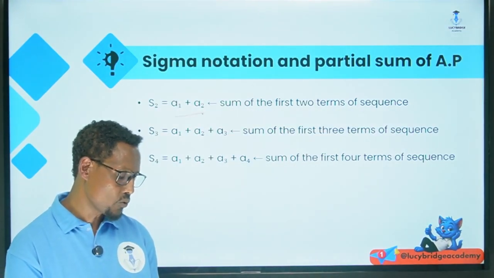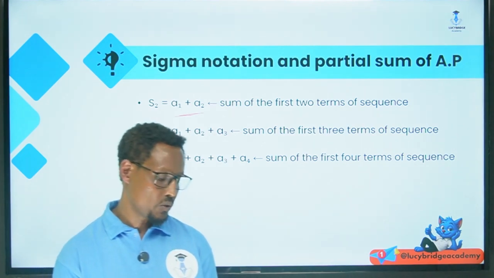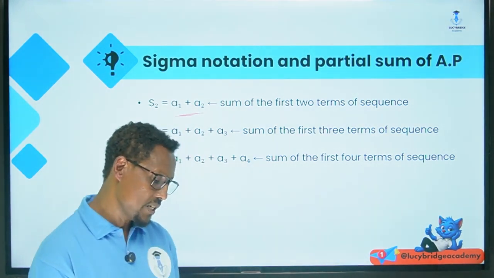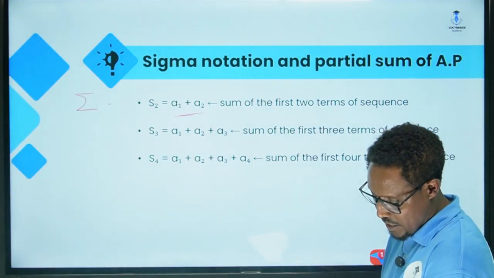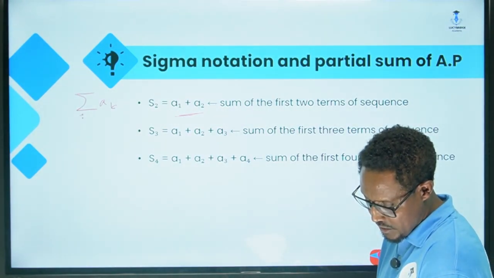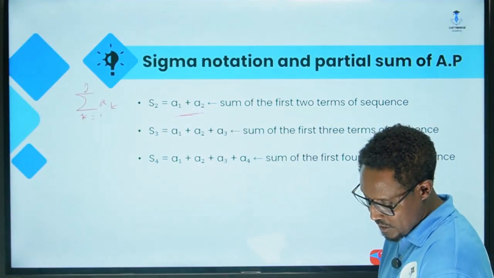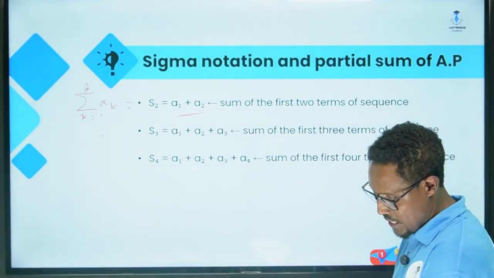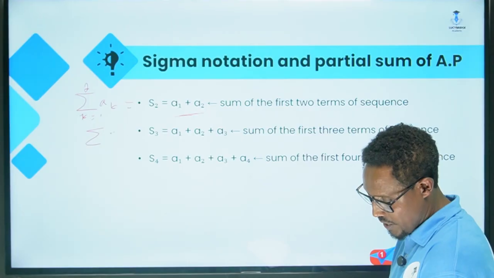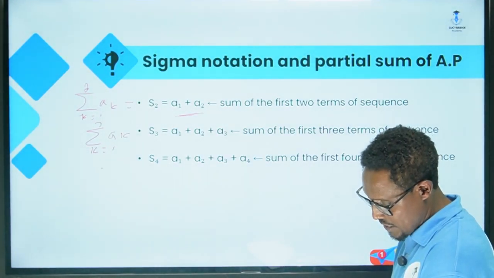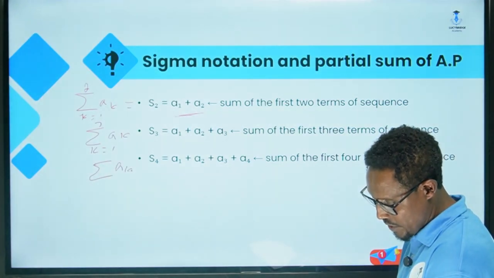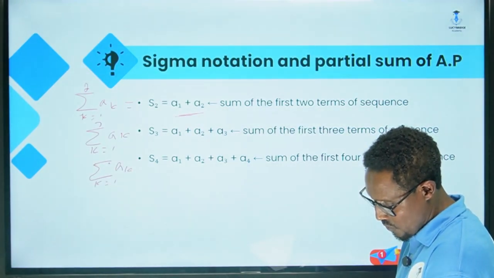The sum of the first two terms means A1 plus A2, or it can be written in the form of summation of AK, where K starts from 1 up to 2, which is 2 terms. And the third one, summation of AK, where K starts from 1 up to 3, and the last one, summation of AK, where K starts from 1 up to 4, yes.